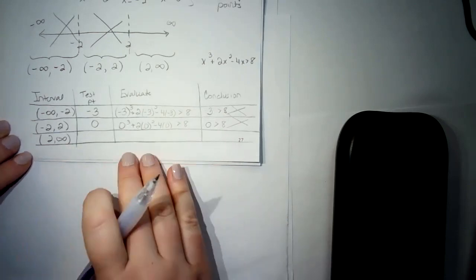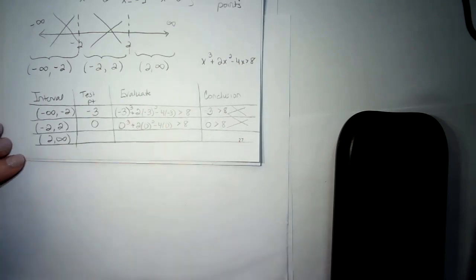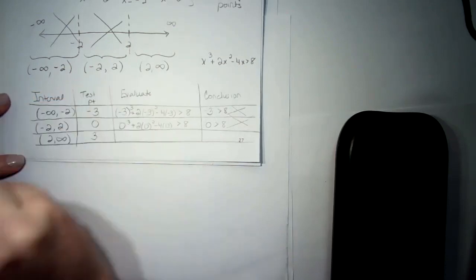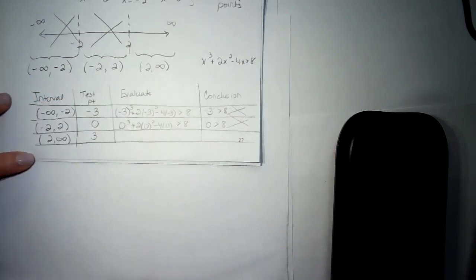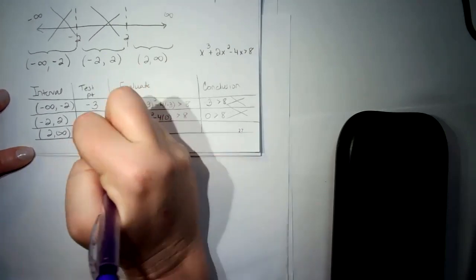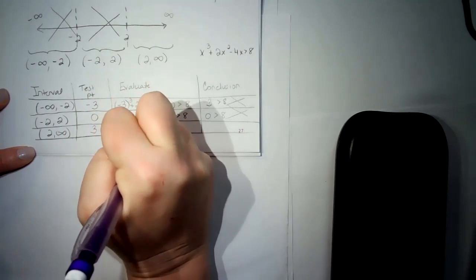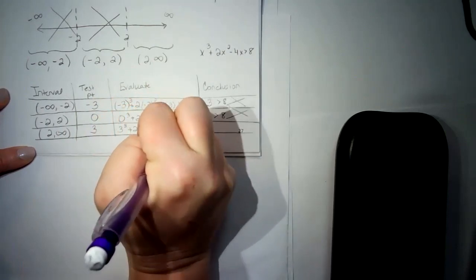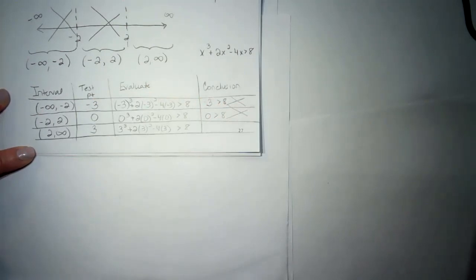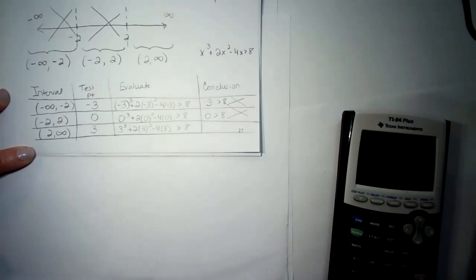All right, next interval, we need something between 2 and infinity. How about 3? That's what I did. But I've already showed you I don't have the answer anyway. So I'm going to plug in a +3 and see if that comes out greater than 8. Okay, it does, but I don't know what it comes out to be. 27 plus 18.